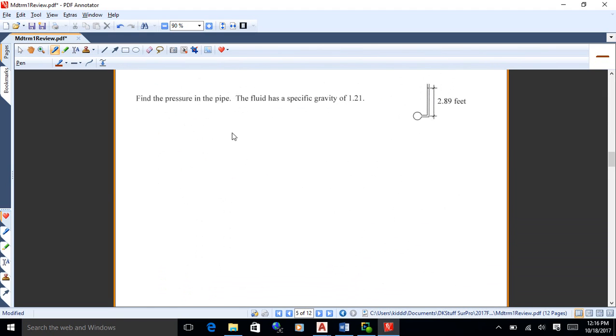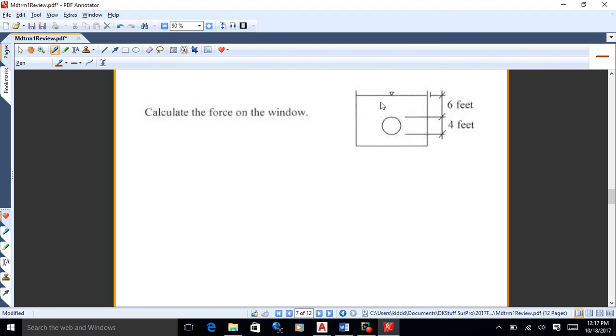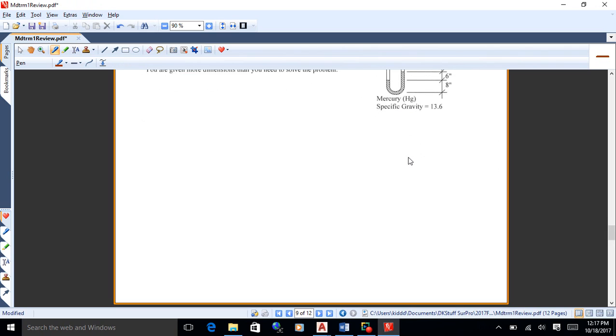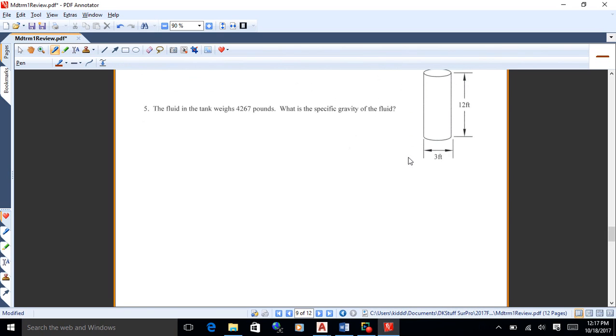All right, so this one, you got to know the relationship between depth and pressure, and specific gravity. This one here, you have to do the conversions using that chart. There's find the force on the window. Remember, watch your units on that one. And then this again uses specific gravity and the height to pressure relationship. And there's specific gravity, okay, and density again.